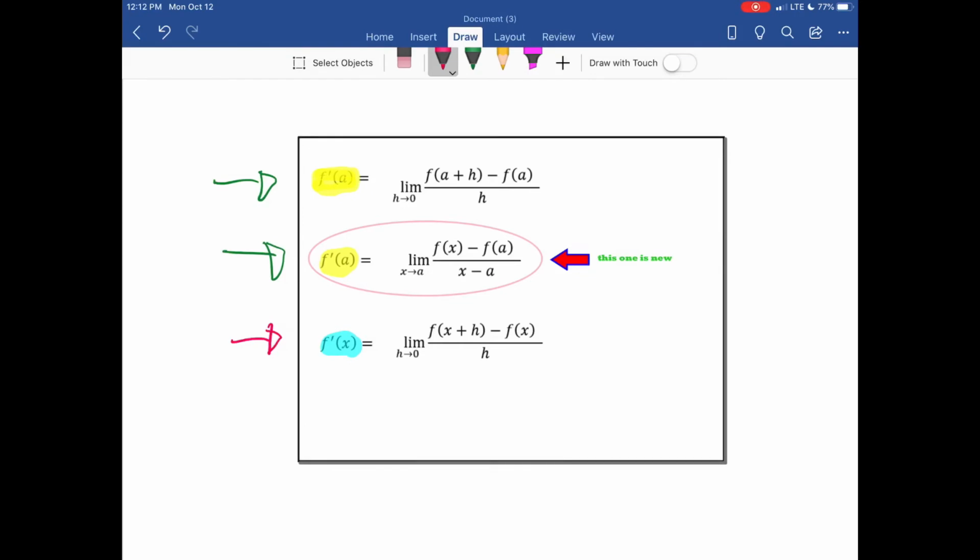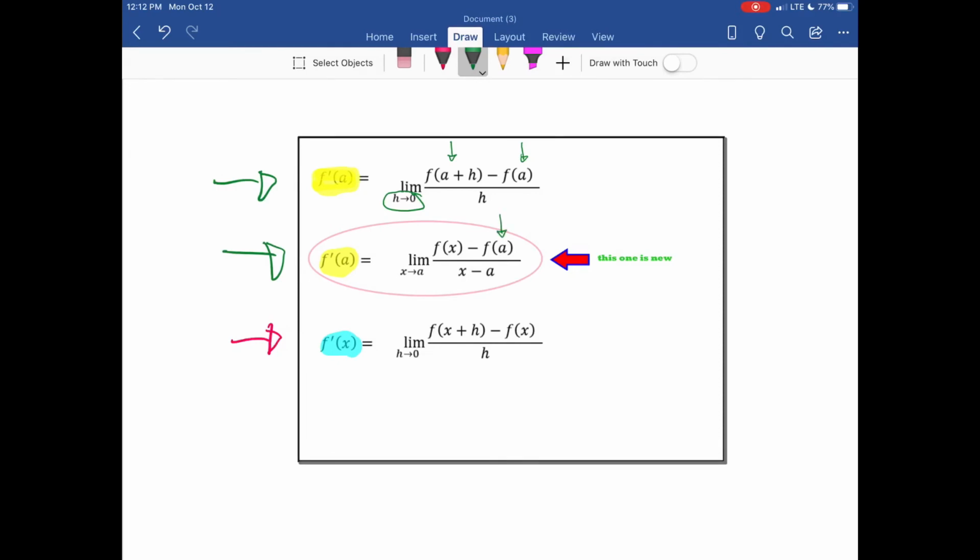So this circled one is new, but I'm hoping you see that it gives you the same information as the top one. Instead of saying, here's this arbitrary point A, and this point that's h units from it, and let's see what happens to that slope as the distance between those two gets smaller, it's saying the same thing here, right?